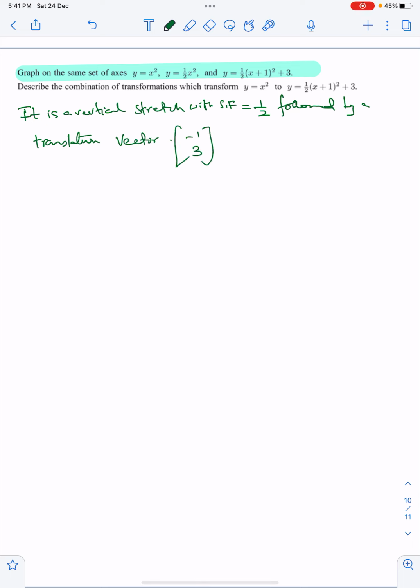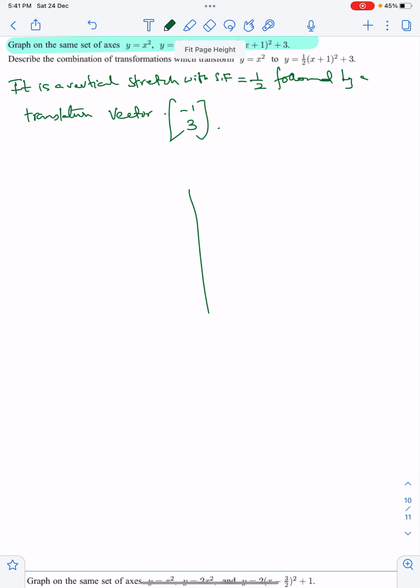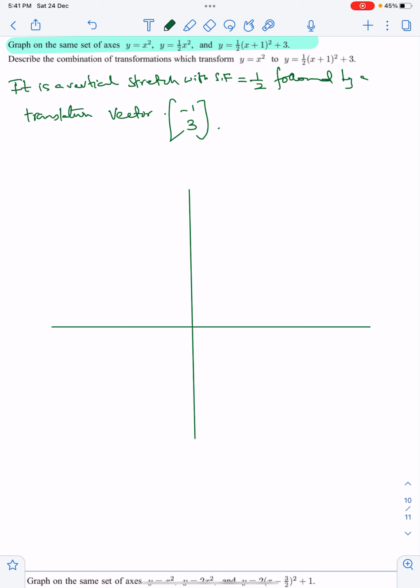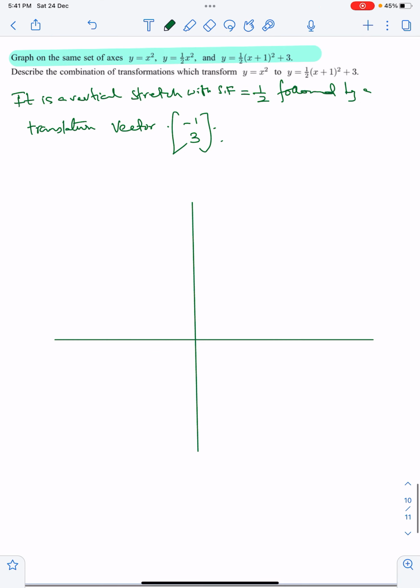-1 and 3. I can draw the graph for you, just a rough sketch. The original graph is y equals x square, which I am drawing here. This is the original graph, y equals x square. Now I am going to draw the graph of y equals half x square.